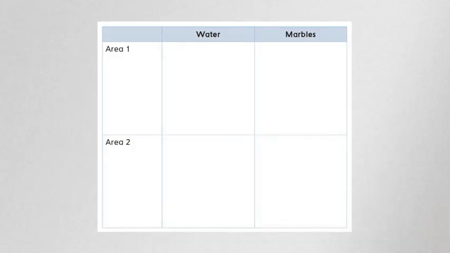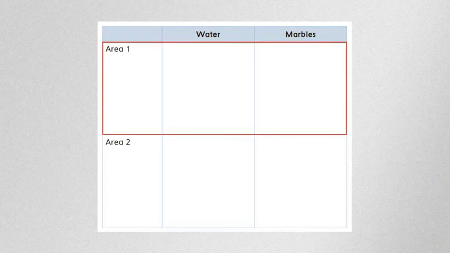In your data table, record your observations for Area 1. You may write or draw as you record your data. Include your observations of the marbles and the water.